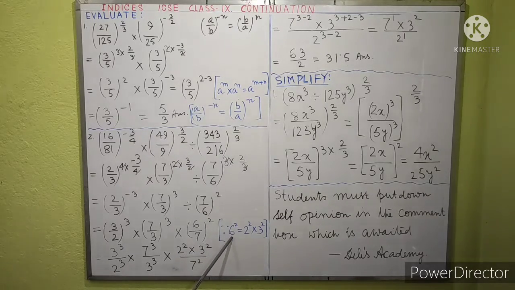You must know that 6 square equals 2 square into 3 square.